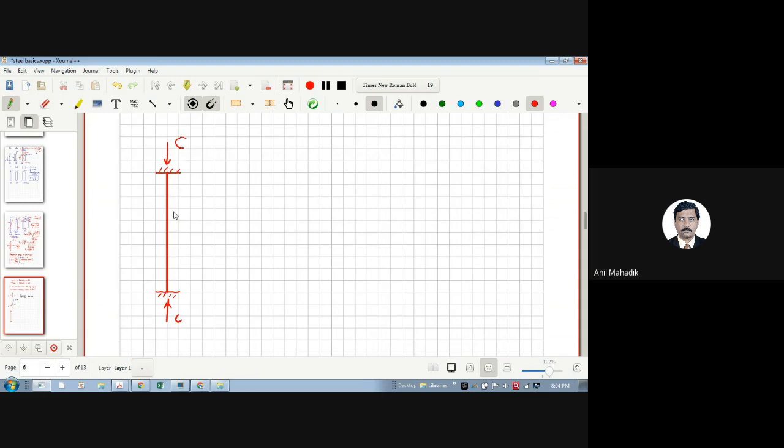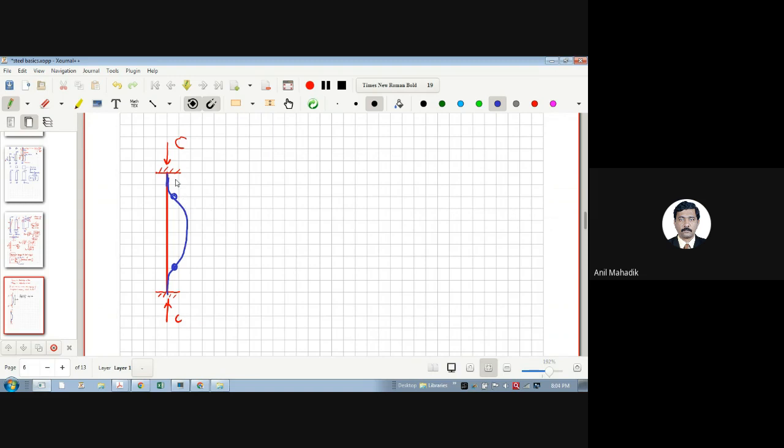So this is a compression member and it will try to buckle like this. All of you know that there will be points of contraflexure. It will not buckle at the ends; this is 90 degrees. It will maintain that first, and then it will buckle like this from here, then again here and here, and then again this is straight. So there is a point of contraflexure somewhere here, where it is changing direction.